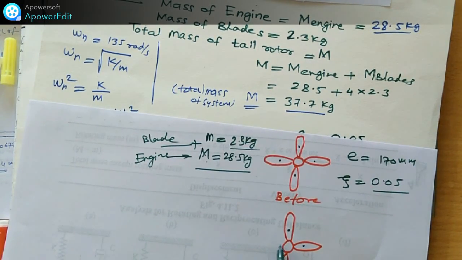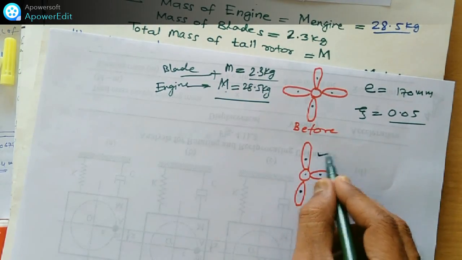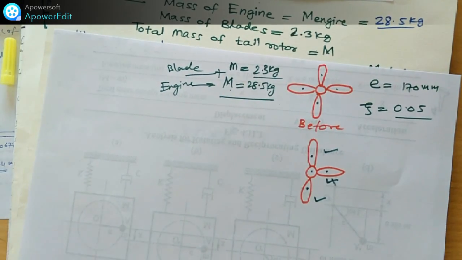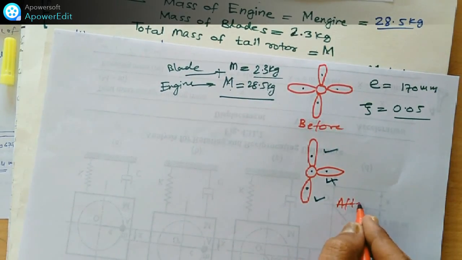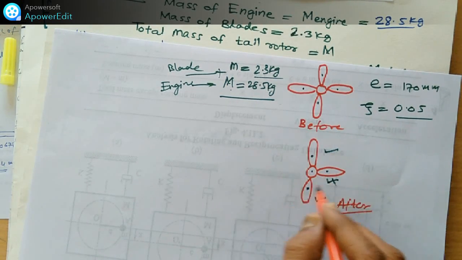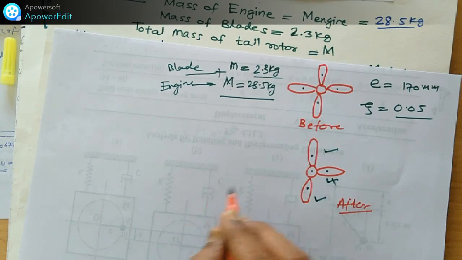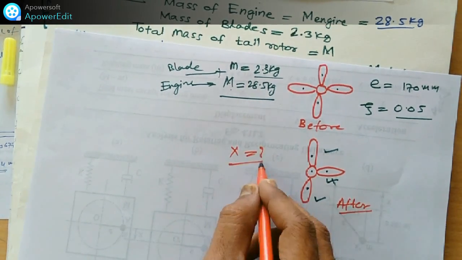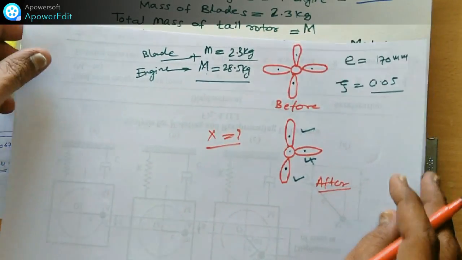One of the blades is removed or falls down during the flight, so its counterpart is not balanced. These blades are balanced, but this blade is not balanced. This is the condition after the fall. So what will the value of X, the amplitude, be in that case? How to find it? I will show you.